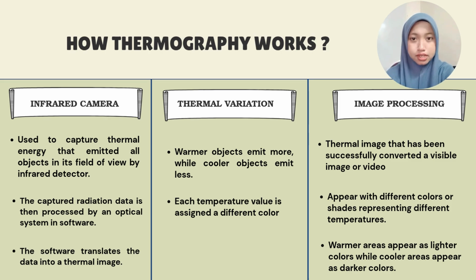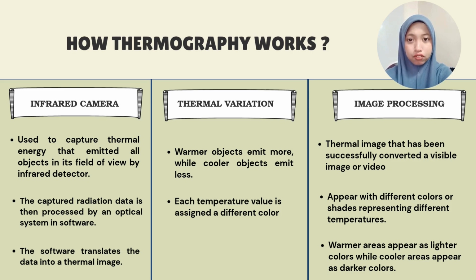First, these cameras are equipped with an infrared detector that can detect the heat signature of objects in the form of thermal patterns. It captures the thermal energy and sends the data to special software, which focuses infrared energy to a sensor array or a detection chip with thousands of pixels in a grid. Next, temperature variation. Objects at different temperatures emit different levels of infrared radiation.